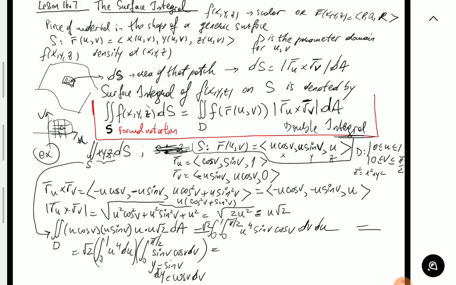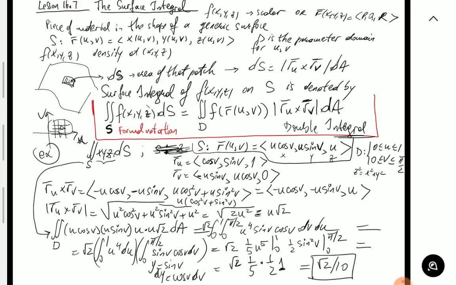So this will be root 2 times 1/5 u to the 5th between 0 and 1, times 1/2 sine squared of v between 0 and pi over 2. And then we get root 2 times 1/5 times 1/2, sine squared of pi over 2 is 1, sine of 0 is 0, and the final answer is root 2 over 10.